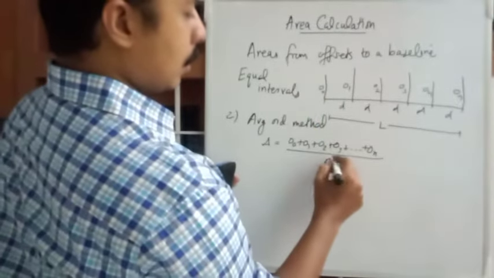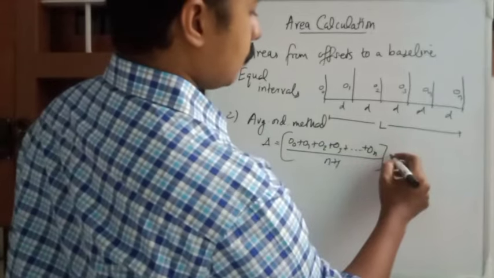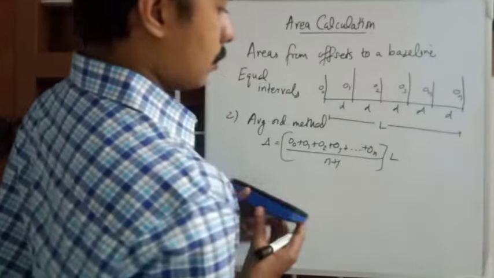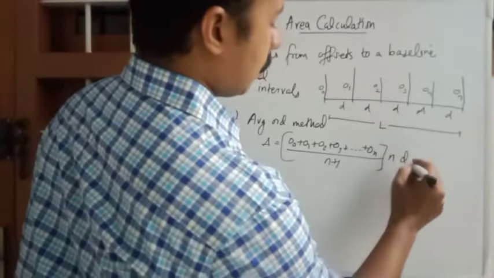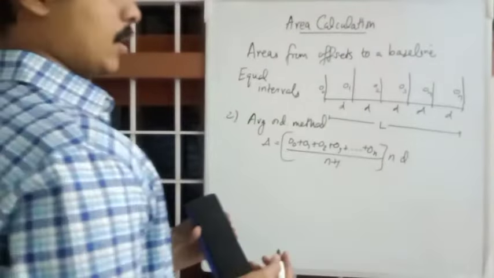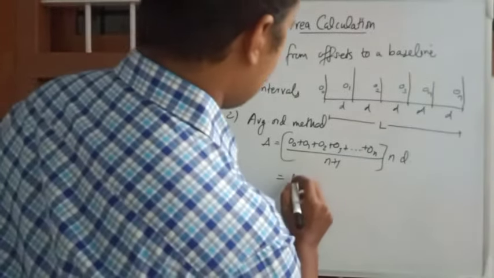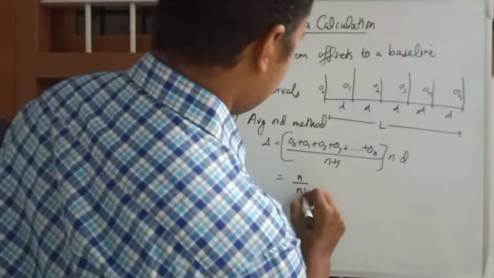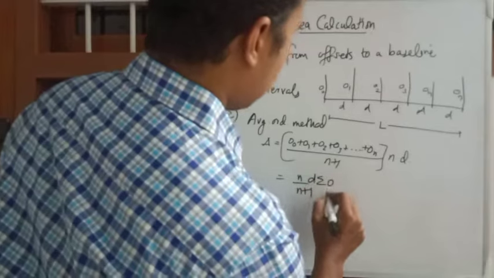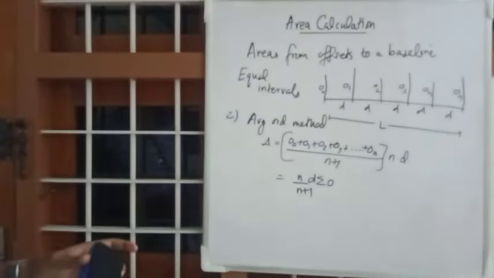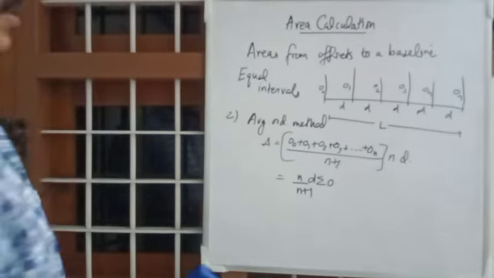Okay, so n plus 1 into capital N or n into d. So in this case it is n by n plus 1, d into sigma O. Okay, I hope it's clear.